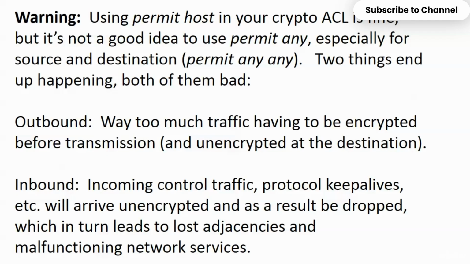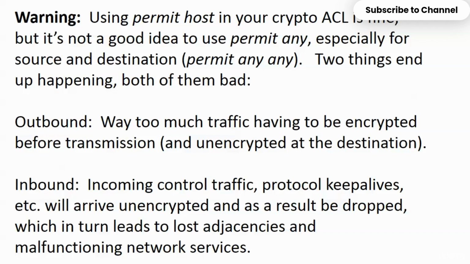If you put permit any for your crypto ACL on outbound traffic, everything's triggering the VPN and everything's getting IPSec protected. So you got way too much traffic being encrypted and then decrypted at the destination. A lot of overhead. You don't really want to do that.